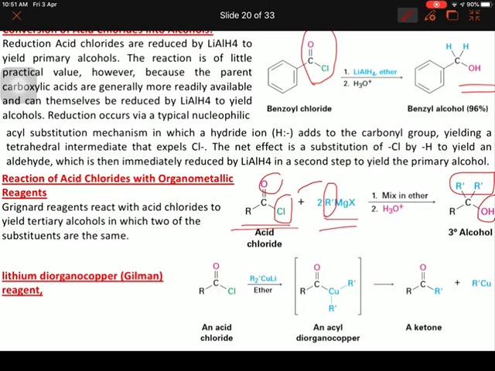That means there are two additional groups attached to the carbon of the carbonyl. Again, the reaction of acid chloride with the Grignard reagent gives an alcohol compound with two additional groups.